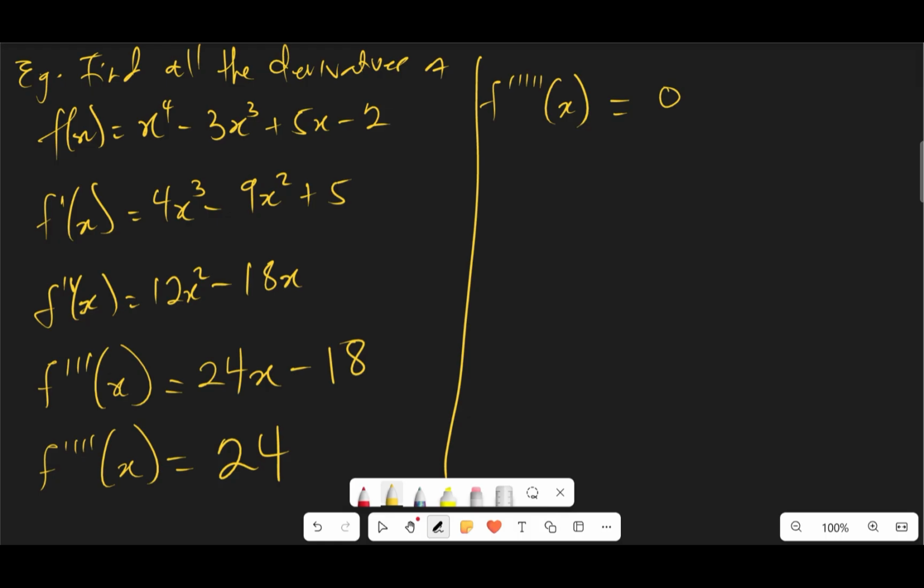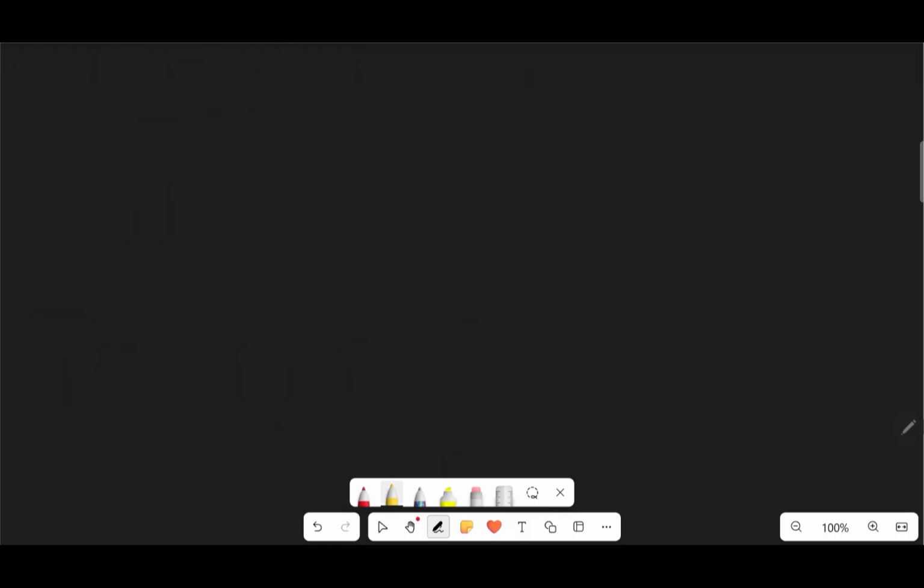Now we want to look at, all right, so we'll continue by looking at how to find the minimum point and the maximum point at the turning point, and also the turning point. Now the simple way to find the minimum and the maximum point is that d square y over dx square.